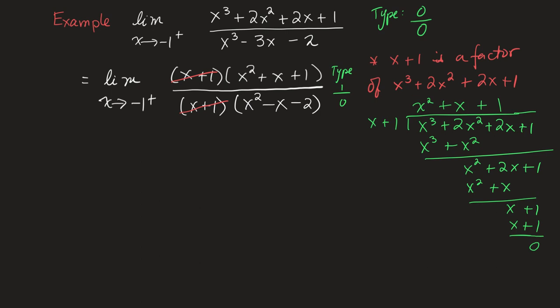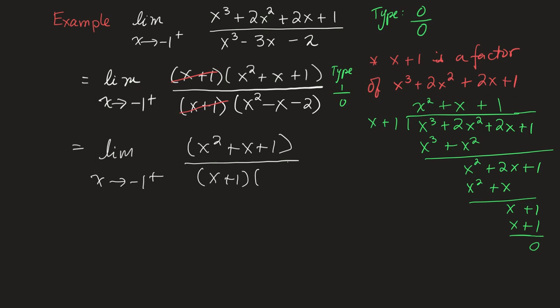To do that, I want to factor a little more if I can. I can factor the denominator a little bit further. This goes to -1 from the right. On the numerator, I have x squared plus x plus 1. On the denominator, that will factor as x plus 1 times x minus 2.